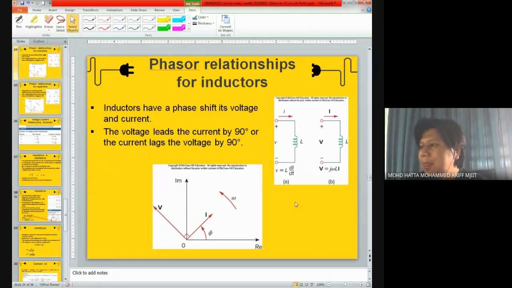In other words, if you have a circuit, for example, here we have a voltage and an inductor. Let's say we have voltage equal to 10 with the angle of 0 degrees. And the question is, what is the current?